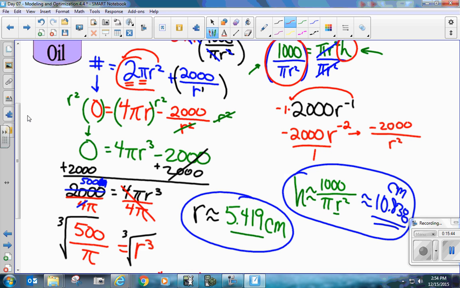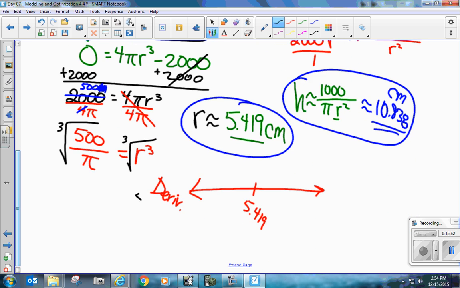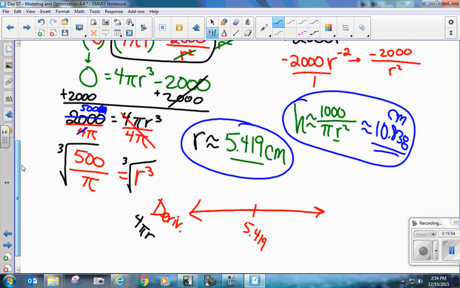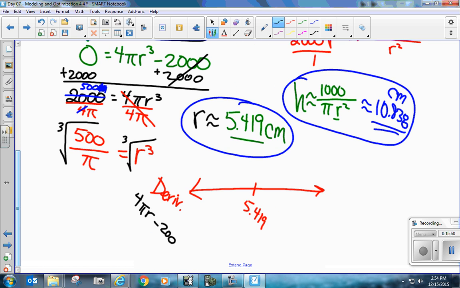No, it was this one right here, I'm sorry. This is our derivative. Before we multiplied everything times r squared, we had 4 pi r minus 2,000 over r squared.